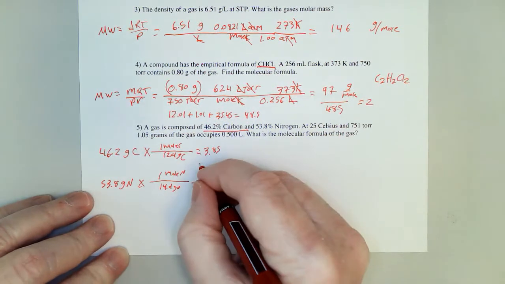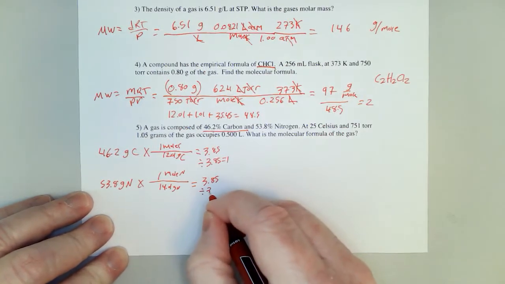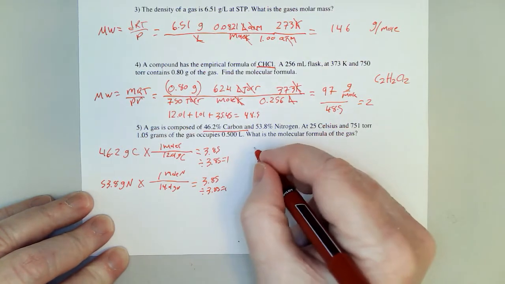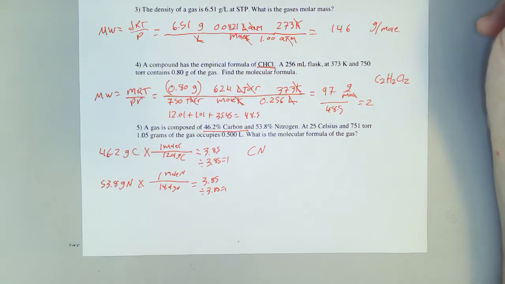Okay, that's the same number. It's a 1-to-1 ratio. Divided by 3.85 equals 1. Divided by 3.85 equals 1. So the empirical formula here must be CN.